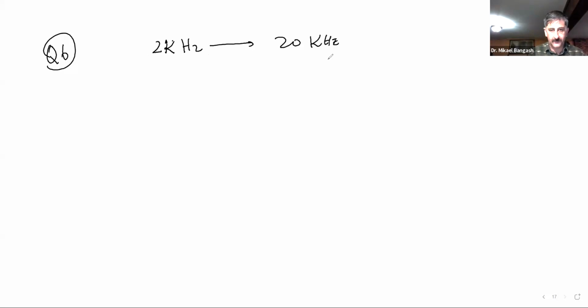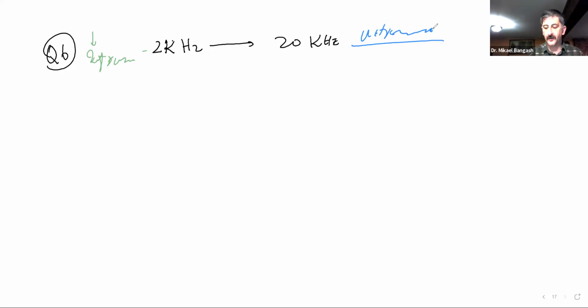Any frequency that doesn't fall between these two is inaudible. If it's less than that, it's infrasonic, and if it's greater than that, it's ultrasonic.